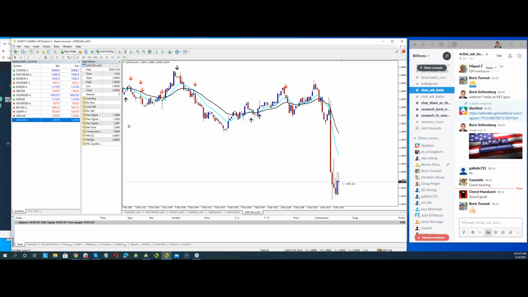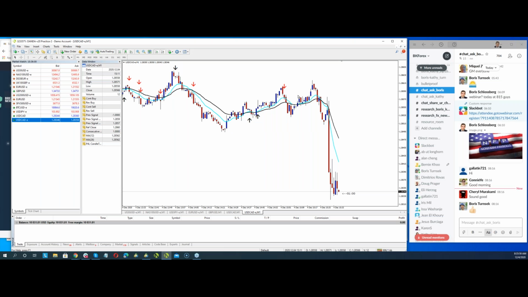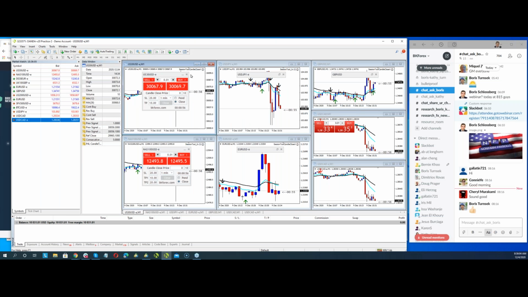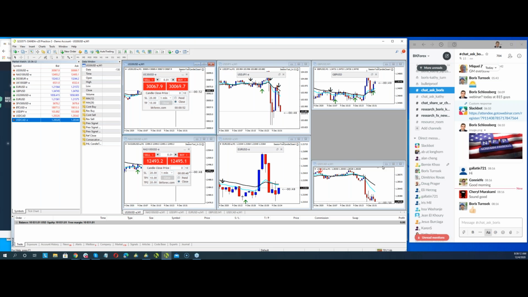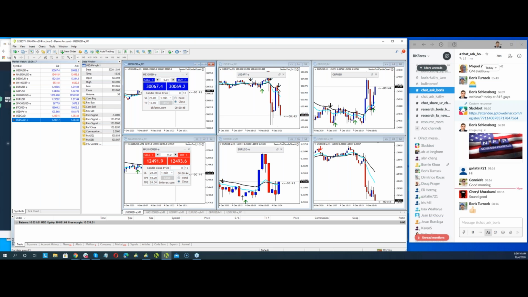All right, so this is obviously dollar CAD responding well to the negative news here, and could be an interesting continuity trade for us. Let's take a look at how it's all looking. I want to get rid of this one. Let's put a template on there.